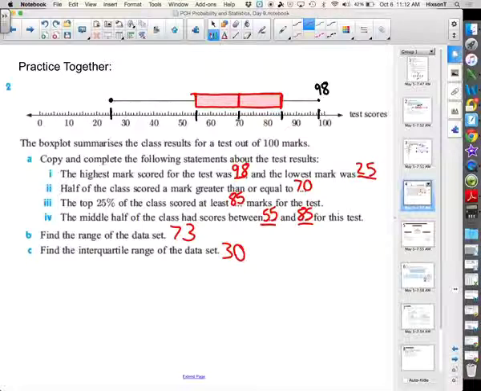Now, what we could do with this, let's say this was an actual test and we intentionally made it really hard, to try to separate students. If we make it too easy, then a lot of people get really high scores and you can't really distinguish between how they're doing, or everyone's kind of clumped together closer.